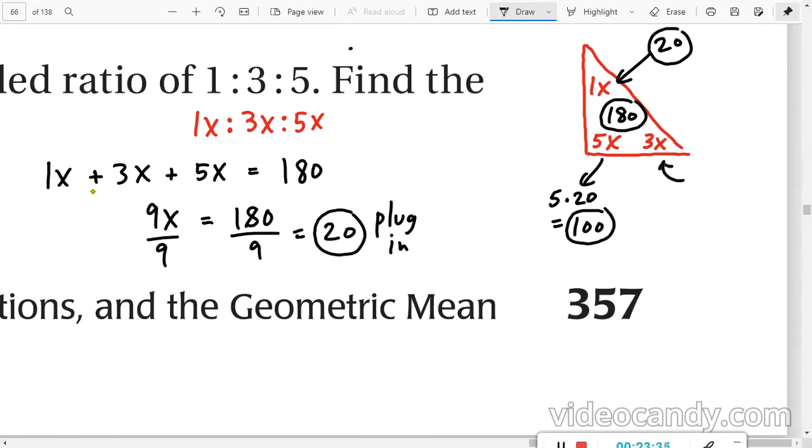And the 3x is going to be 3 times 20, which is 60. All I did was take x equals 20 and plug it in on each one. Does the answer make sense? 100 plus 60 plus 20 equals 180. So it checks out.